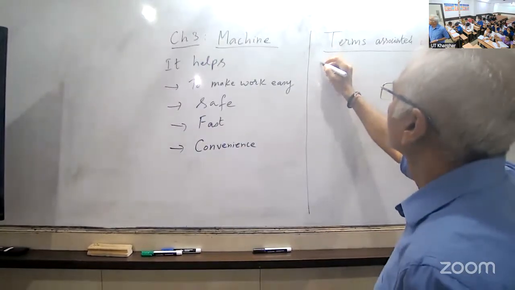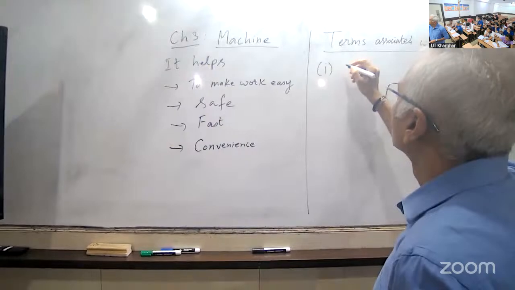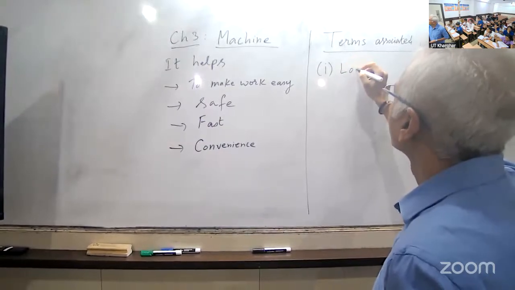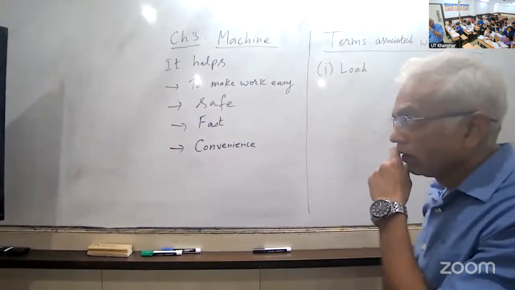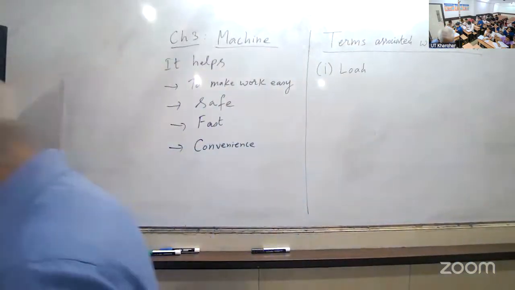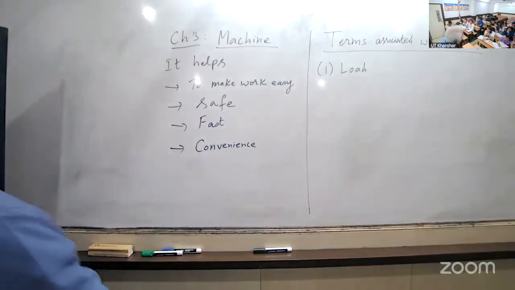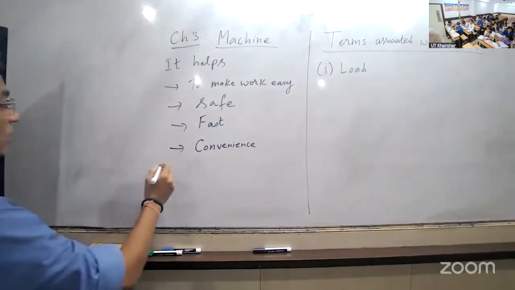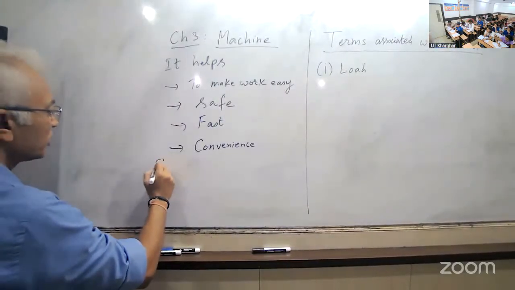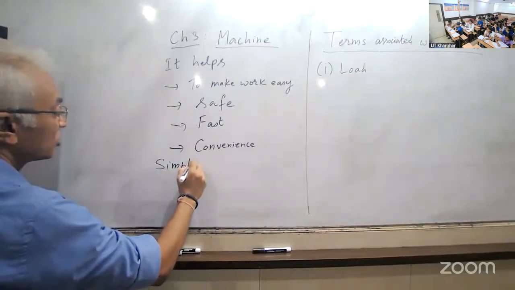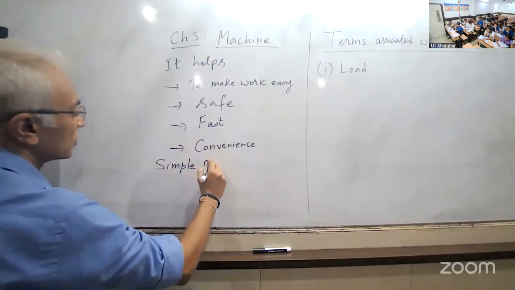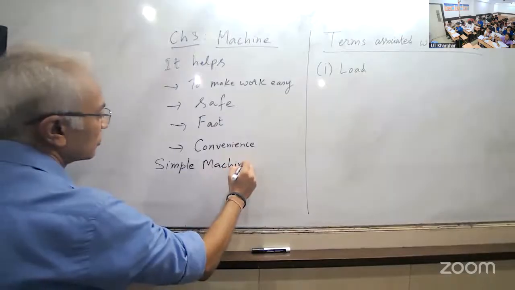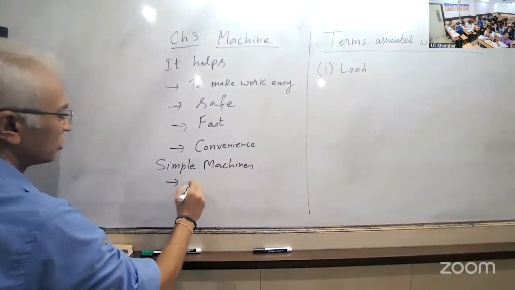Right. So first is load. When I talk about machines, we are not going to learn very complex machines. You are supposed to learn about very simple machines. Two such machines that we learn are, what are the machines you are going to learn about?